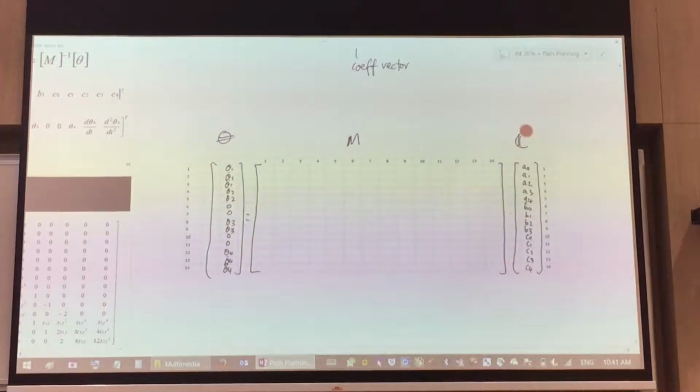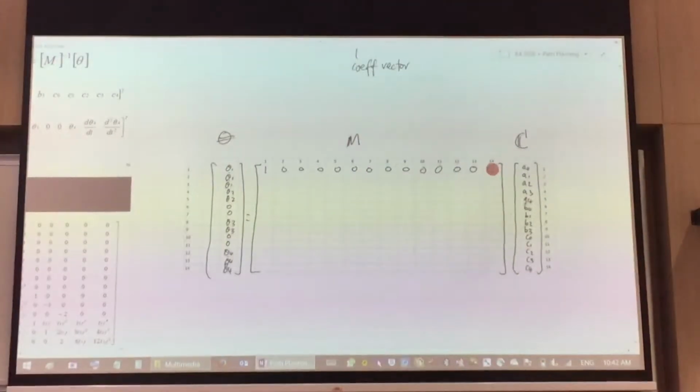That is your C matrix. So in order to get the first equation correct, which is theta 1 equal to A0, what that means is that this one must be 1 and subsequently zeros, right? That will give you your first boundary condition.